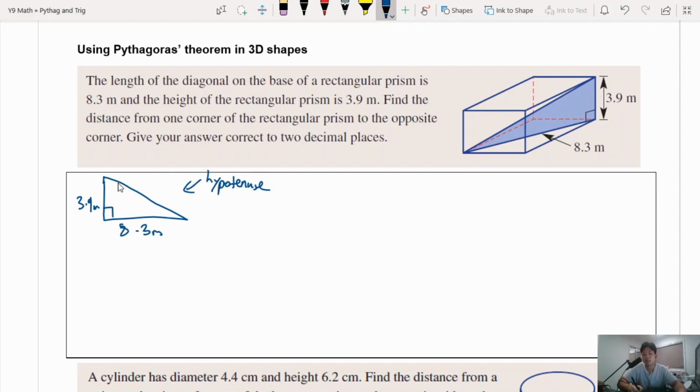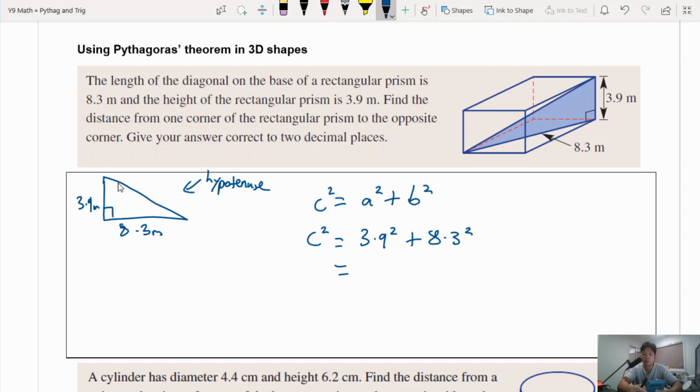Pythagoras Theorem says c squared, which is the hypotenuse, equals a squared plus b squared. You should all know this very well by now. So c squared equals 3.9 squared plus 8.3 squared. It is okay to use your calculator for Pythagoras Theorem.